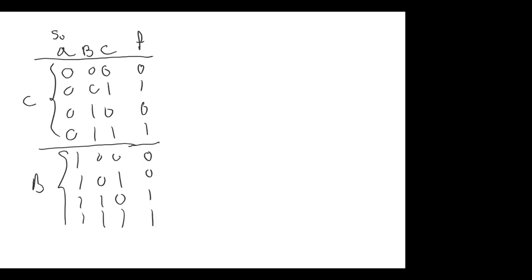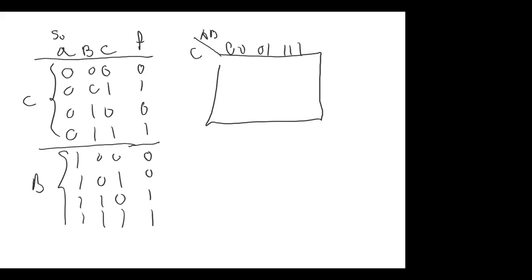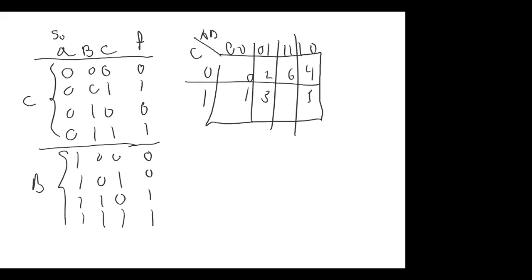And then if you want to make a little 3-variable K-map, I'm going to number this somewhere. I can see I've got a 1 in rows 1 and 3. Let's change colors for fun.